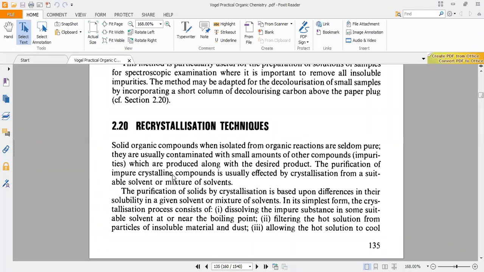Let me exemplify this. If a compound is non-polar, we dissolve it in chloroform. Suppose chloroform is low polar and methanol is very polar. Once it is soluble in chloroform, it makes a clear, supersaturated solution. We add a few drops of methanol to this.